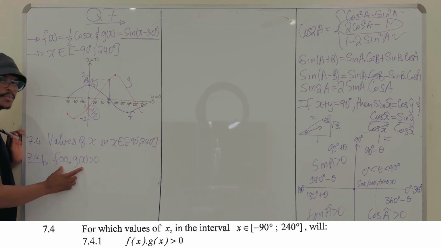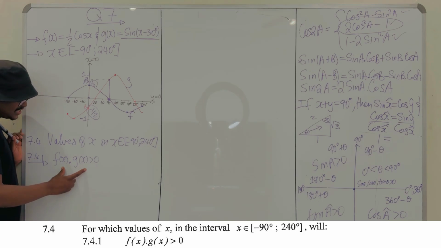You can think of this as a product of the y values when these functions are directly above each other. So they're asking you, in which positions will the product of these y values of these functions be positive, right?